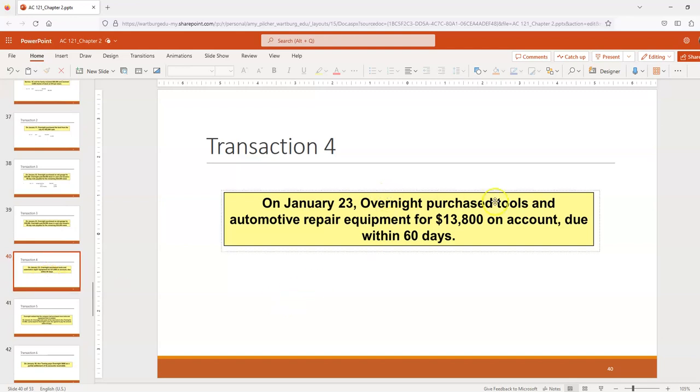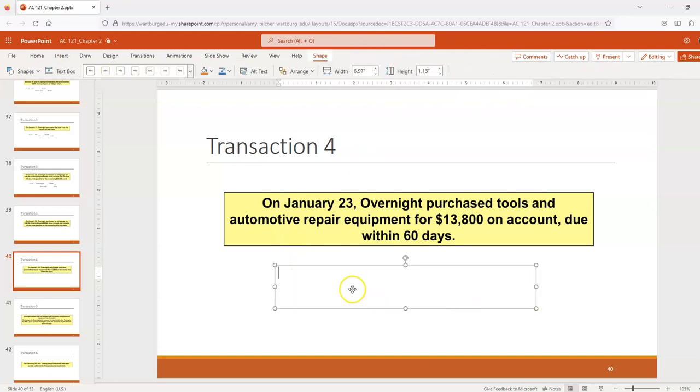Okay, our next transaction, we purchased tools and equipment for $13,800 on account. So we have the date. Our debit is that we have tools and equipment.